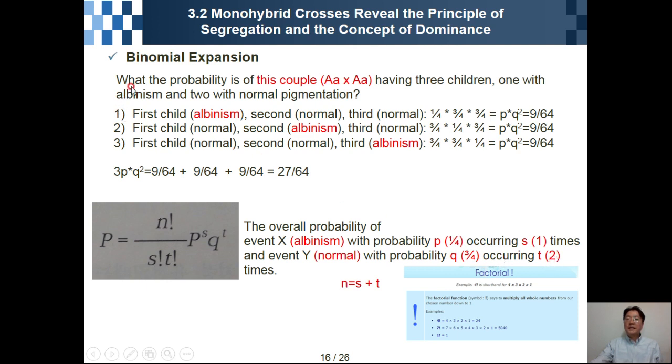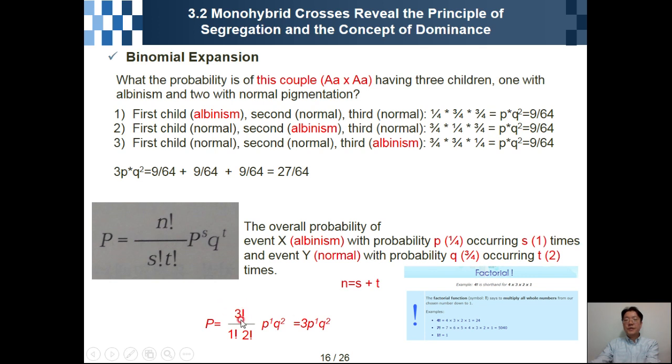So what is the probability of this couple having 3 children, 1 with albinism and 2 with normal pigmentation? Here n is s plus t, so the equation is like this, with n being 1 plus 2.